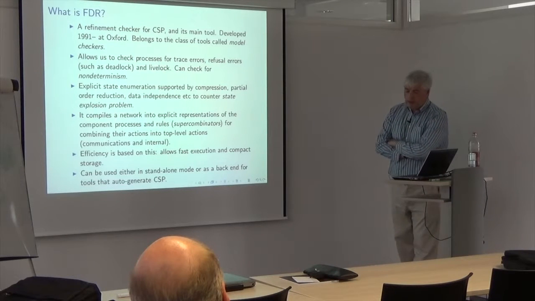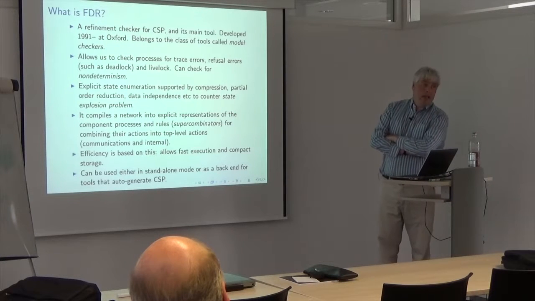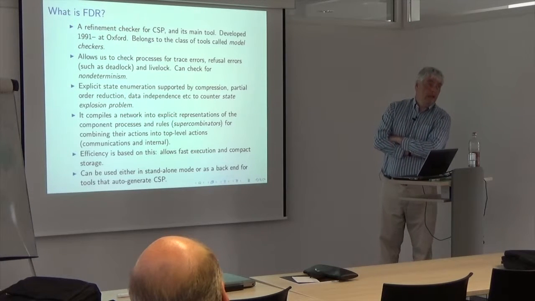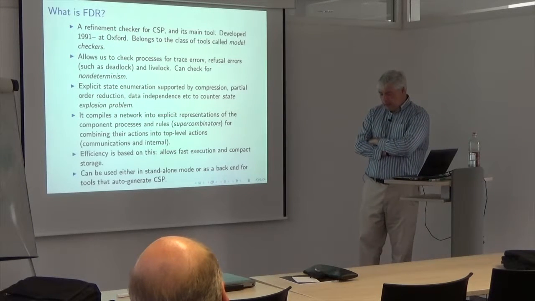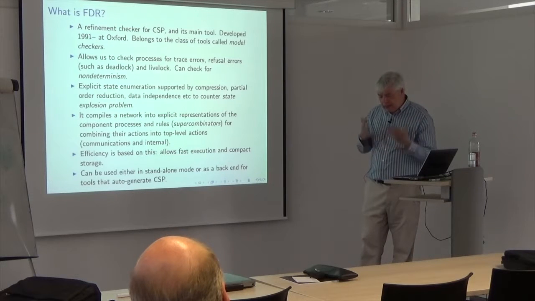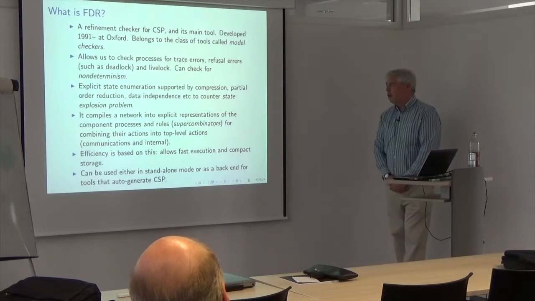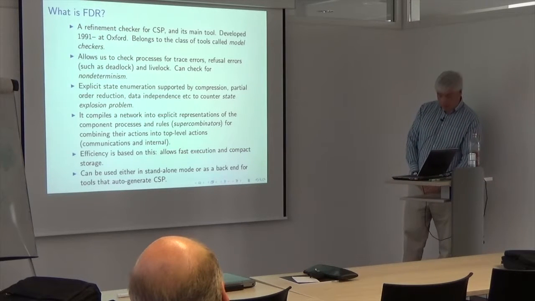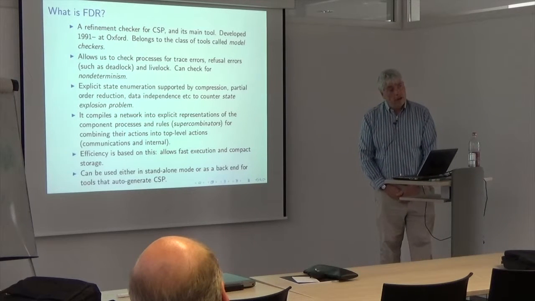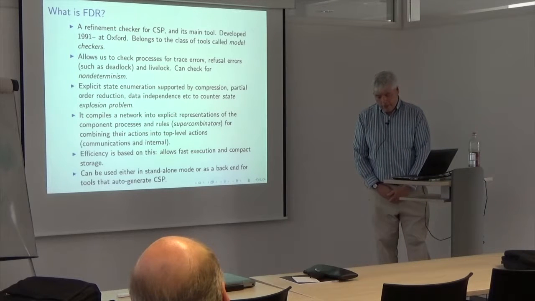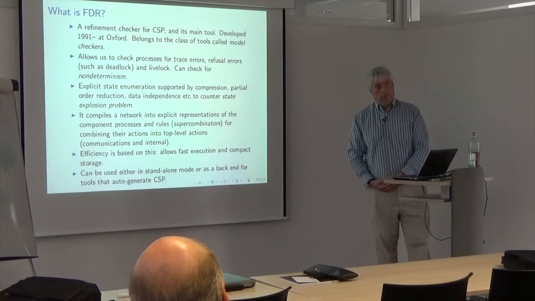Explicit state enumeration means basically it goes through these states one after another. And we're talking here of many, many states, and we'll start thinking about the numbers in a minute. What concurrent systems, as expressed in a language like CSP, typically exhibit, unfortunately, is something called the state explosion problem, meaning to say that as you make a system bigger, in particular as you increase the number of parallel components to a system, typically the number of states that that system can go through in its executions grows exponentially.